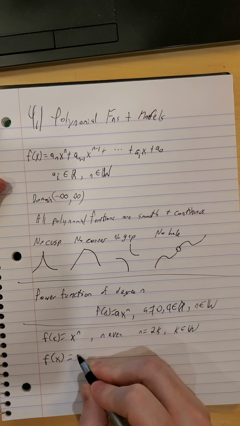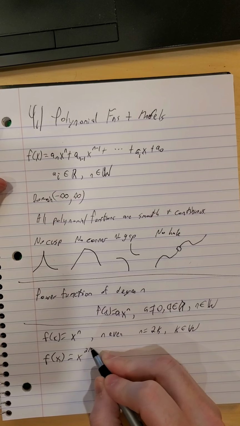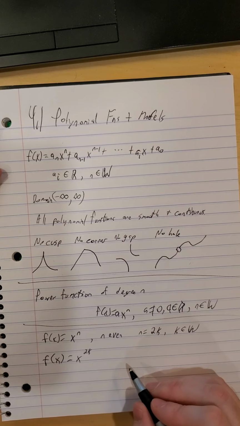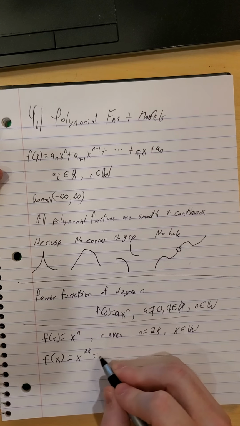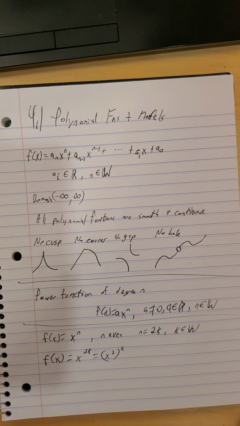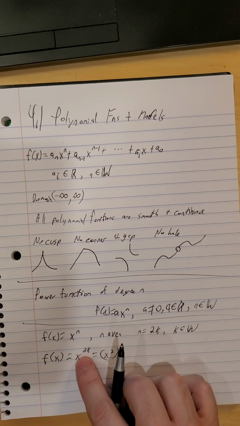So we could say then f of x is x to the 2k, since n is the same as 2k. So it's the same as saying I have x squared to the k power. Power to a power, you multiply.